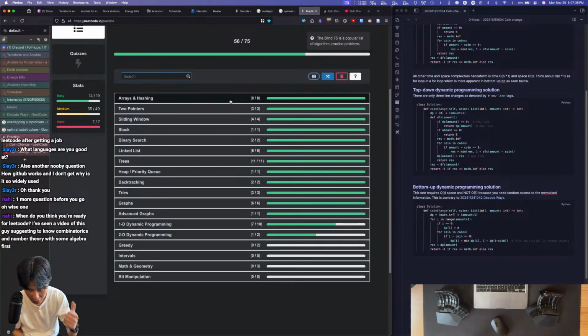Now, you said you've seen videos of guys suggesting combinatorics and number theory. I don't think you really need much of that at all when you're doing Leetcode problems. Maybe later down the line; I haven't done any of the greedy, intervals, math, geometry, and bit manipulation yet. But math and geometry is where you'd use combinatorics and number theory the most. Maybe.